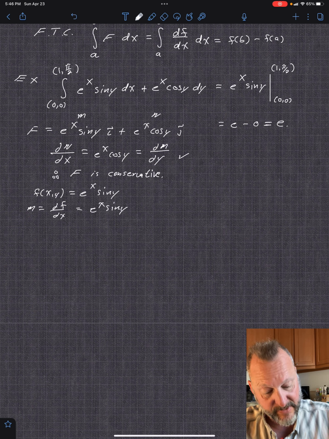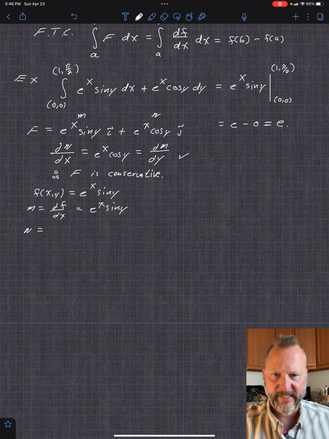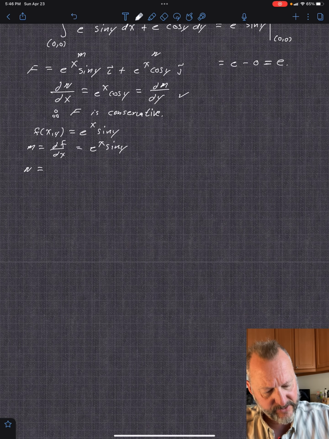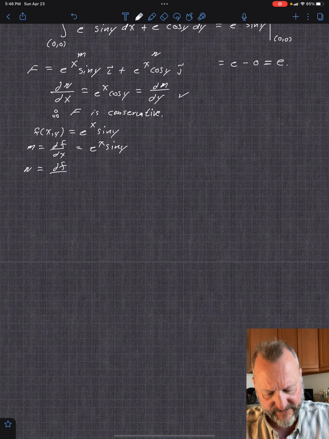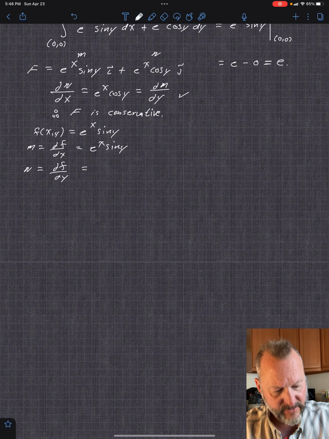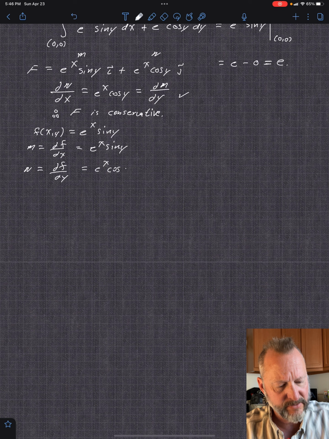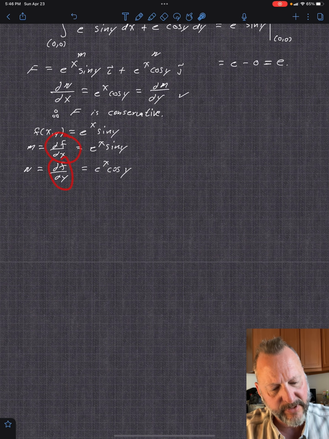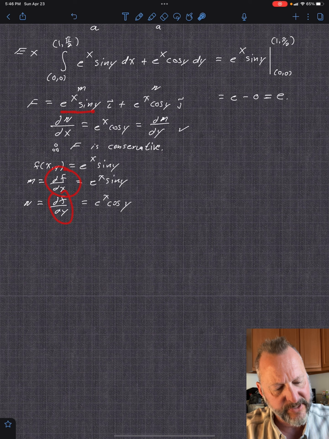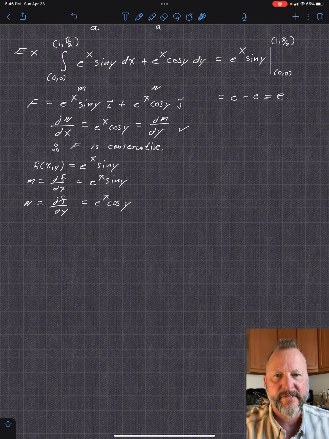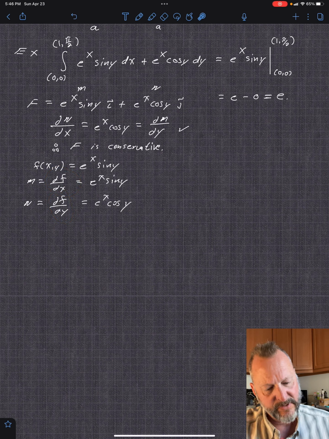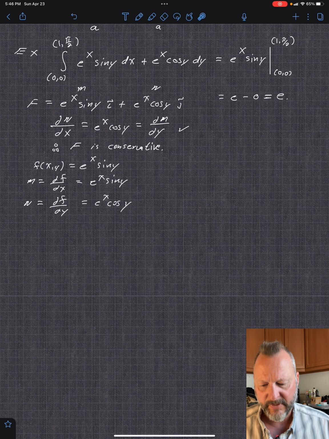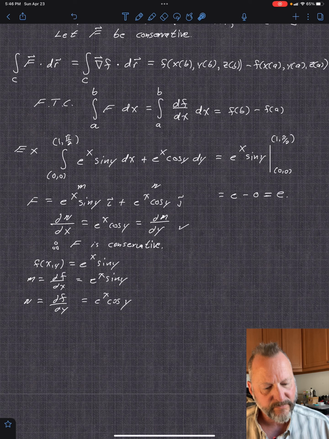And then N is partial f with respect to y, which is e to the x cosine y. So those are your two partials for your function here, and that makes sense. Okay, so that's how you would apply the fundamental theorem of line integrals.